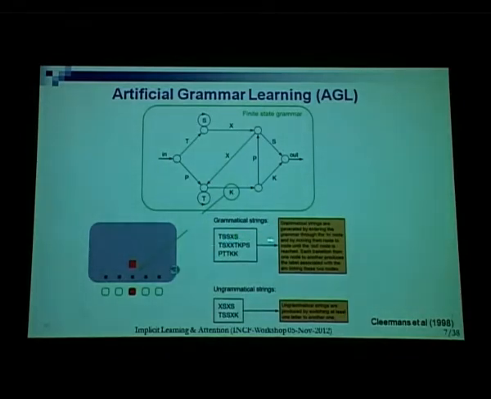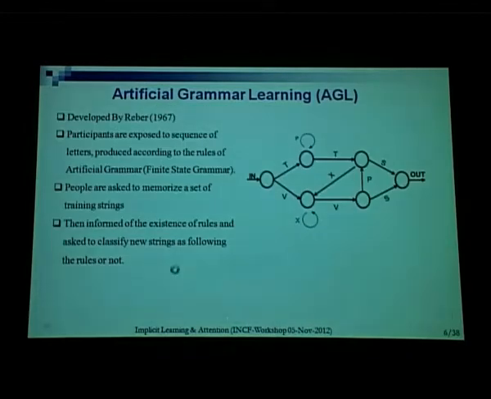And there is a test trial where you are given a string, and you don't know whether it follows the grammar. We tell the subjects that after they go through this, they are asked to memorize a set of training strings, then they are informed that there is a grammar that generated these strings.